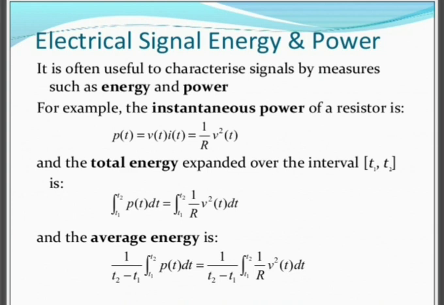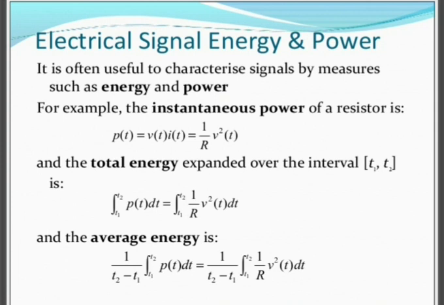There are some rules which are used to solve the numericals based on energy and power signals. First, check whether the signal is periodic or non-periodic. Second, if the signal is periodic and has infinite duration, then it is a power signal. If the signal is periodic and has finite duration, then it is an energy signal.